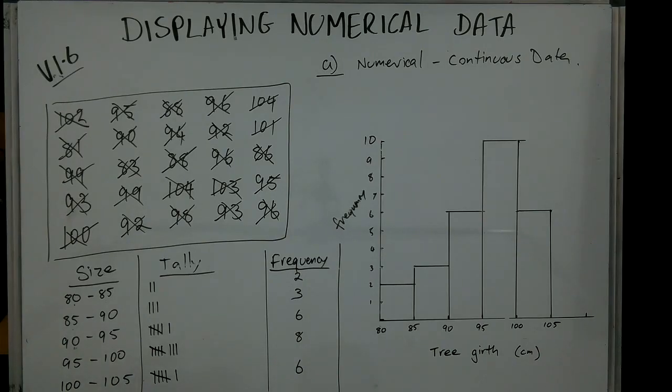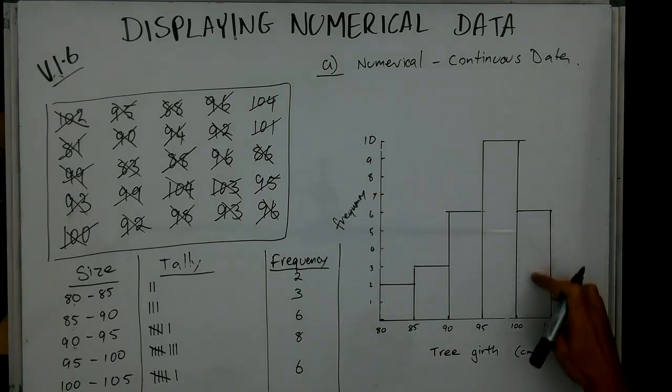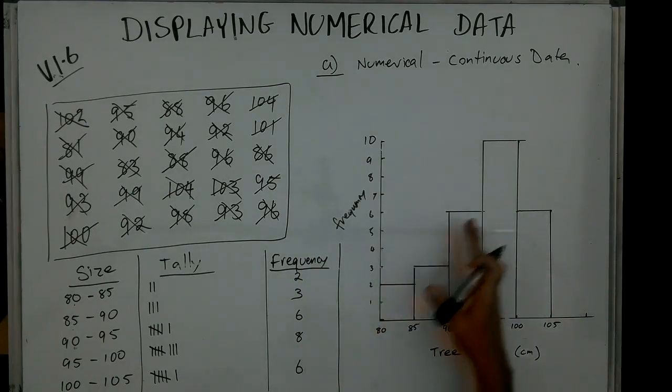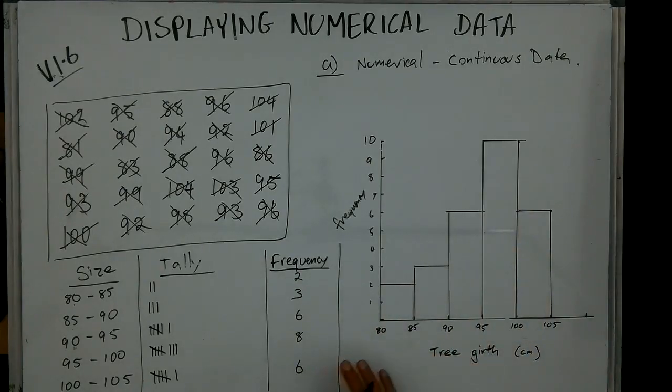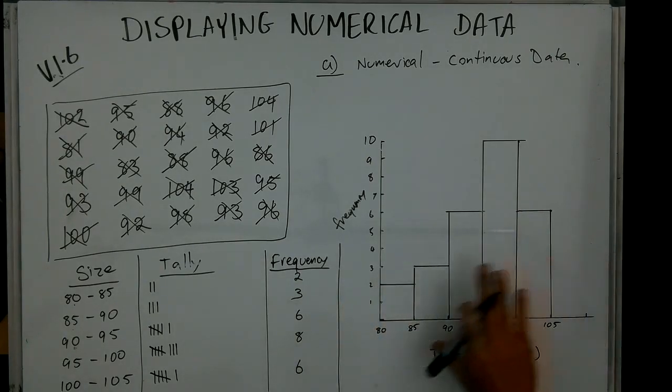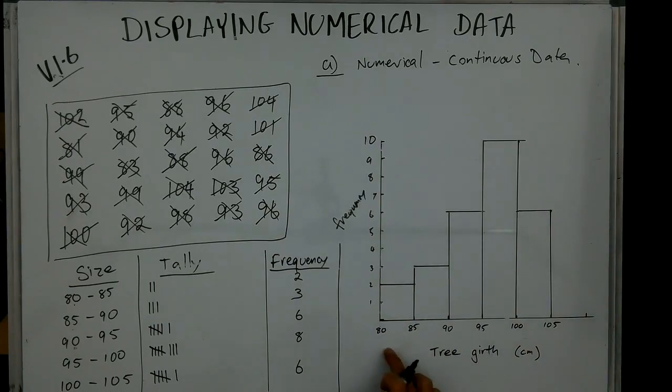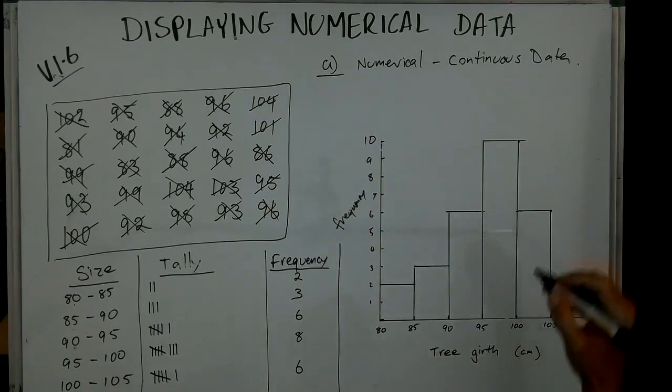Now, describe the distribution of the data. Because we've got a small number of the thinner trees, and as we go up the scale, apart from the really big trees, it gets bigger, I'm going to say this data is skewed away from the left, so this is skewed left.